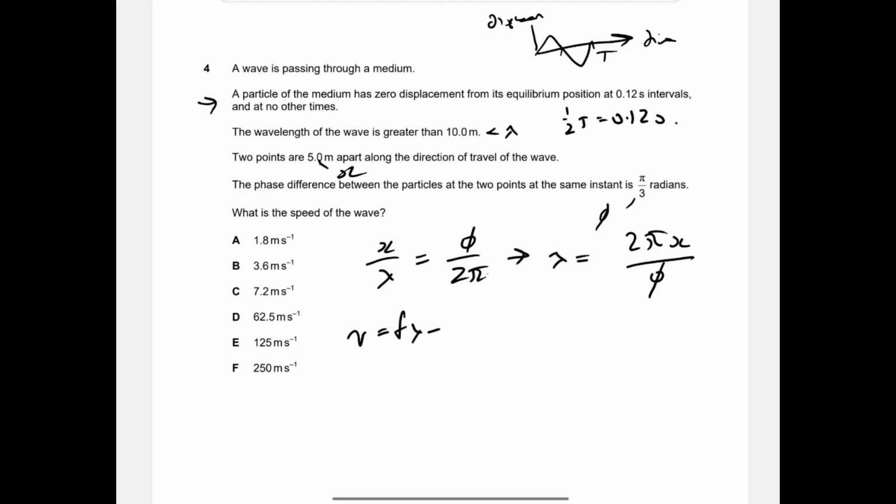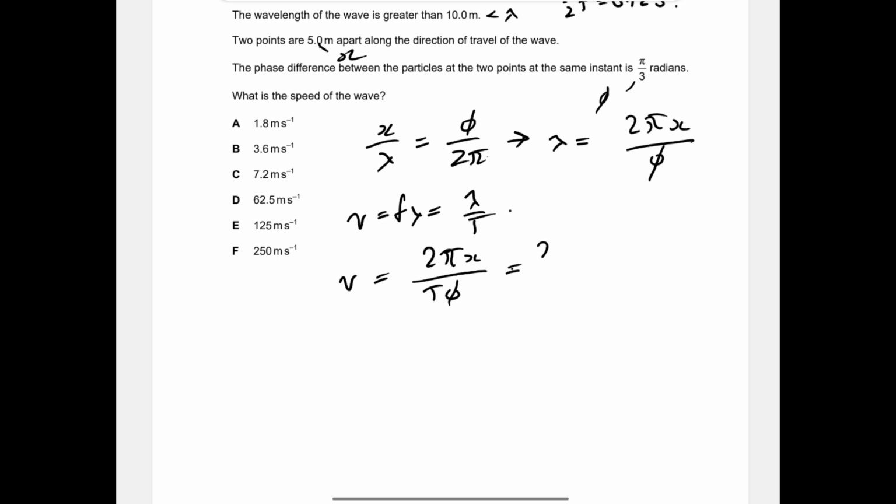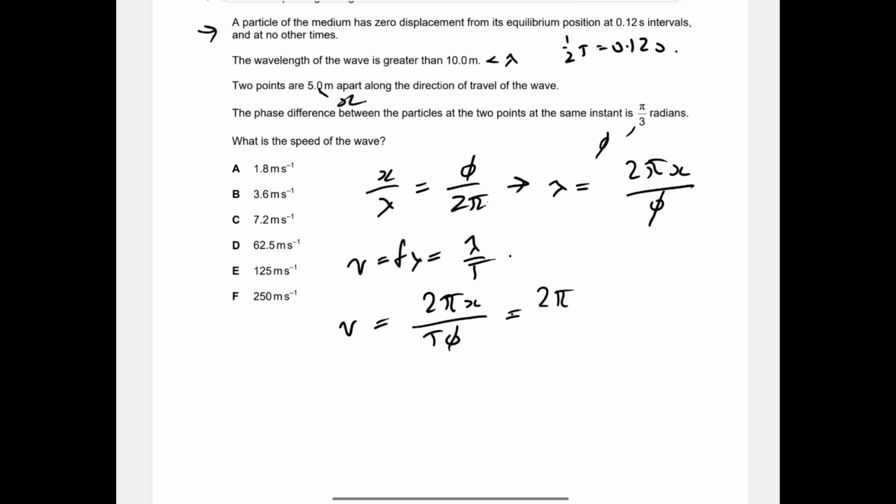And v equals f lambda, which equals lambda over T. So v equals 2 pi x over T phi. And it is going to be 2 pi times 5 meters over T, which is 0.24 seconds, times 5, which is pi over 3.